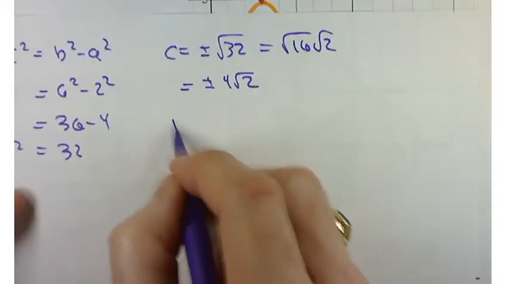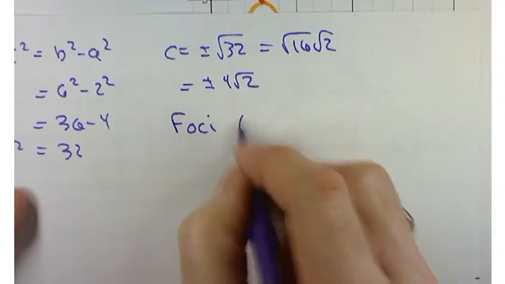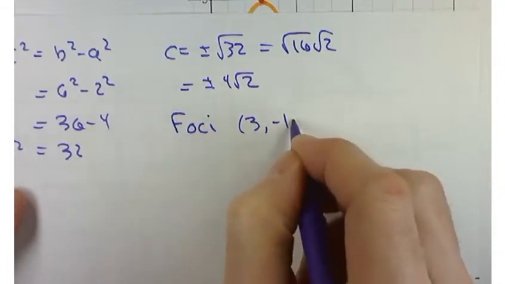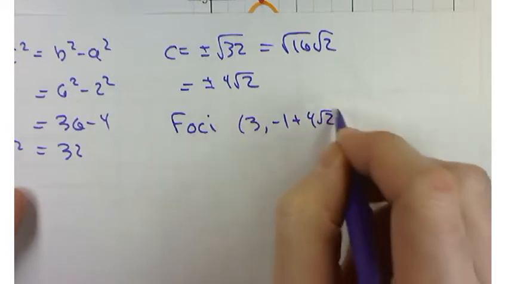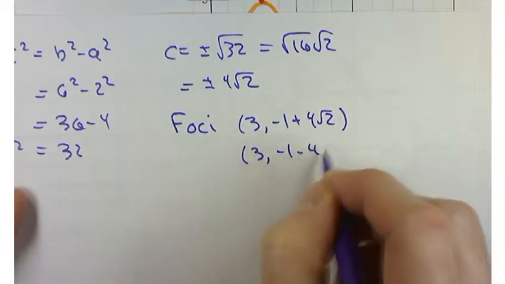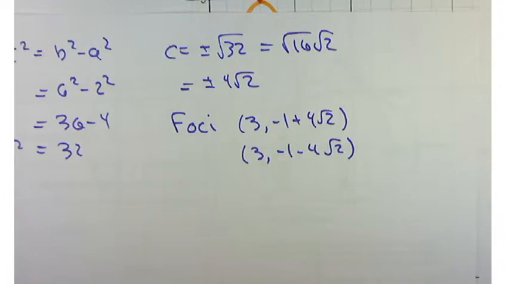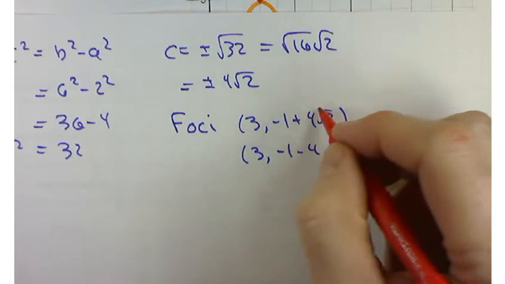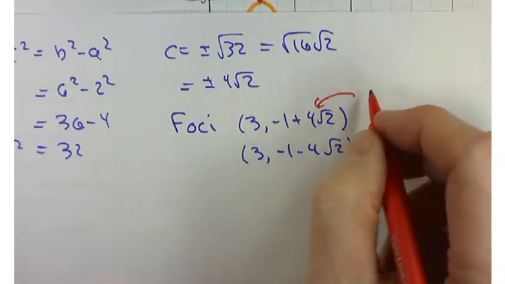So the foci are going to lie at 3 and negative 1 plus 4 square roots of 2, and 3 and negative 1 minus 4 square roots of 2. As far as graphing this is concerned, I don't want it terribly accurate. It doesn't have to be that great, but it should at least be between the correct integers.